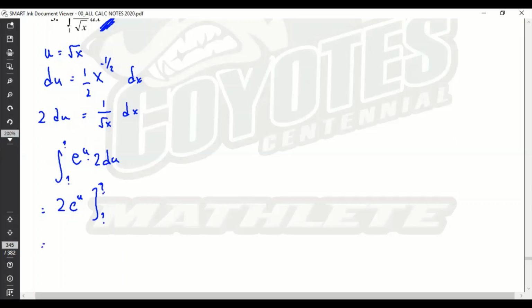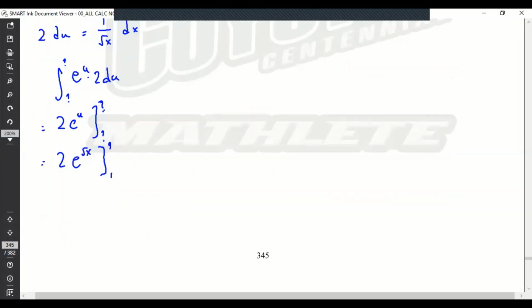And so this ends up being equal to 2e to the root x. But now we've changed it back into x. So this is going from 1 to 9. This ends up being 2e cubed minus 2e.